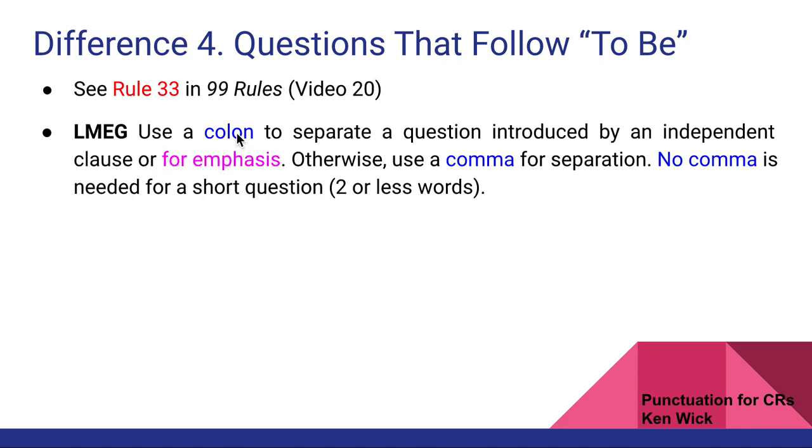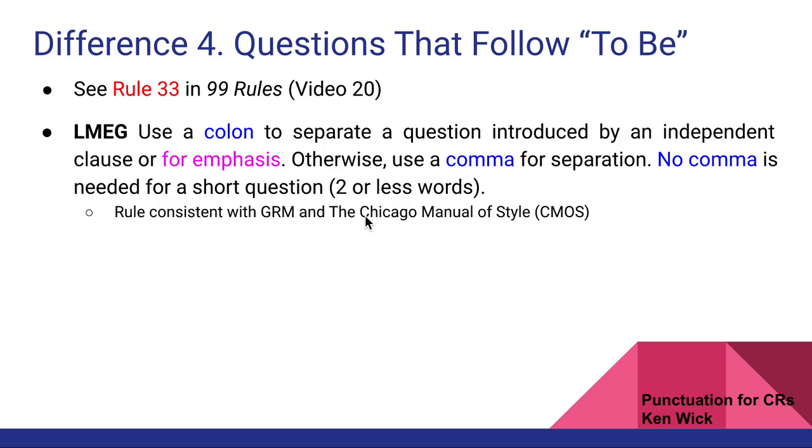So use a colon when it's preceded by an independent clause, or if you want to emphasize the question. Otherwise, use a comma for separation, and no comma is needed for a short question. Now, it doesn't define short, but the examples are 2 or fewer words. And this rule is consistent with the Gregg Reference Manual and the Chicago Manual of Style.